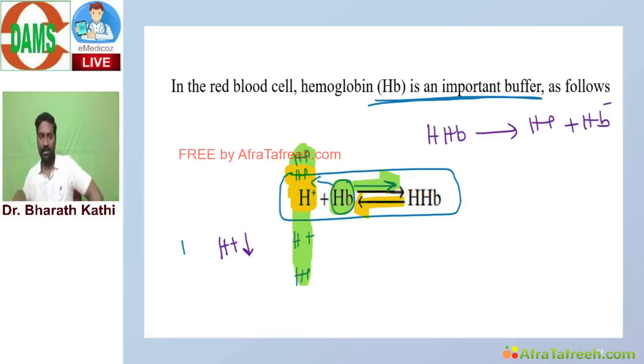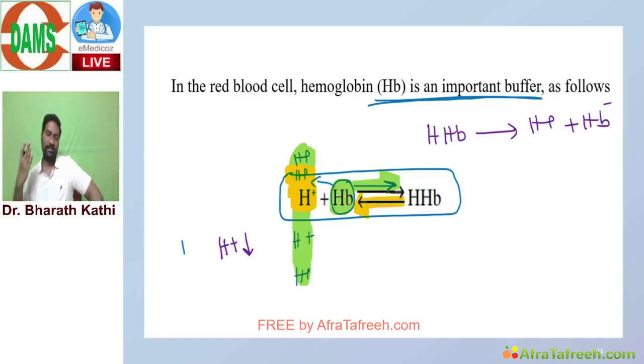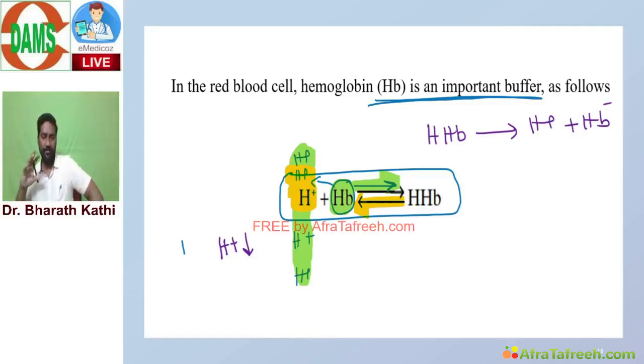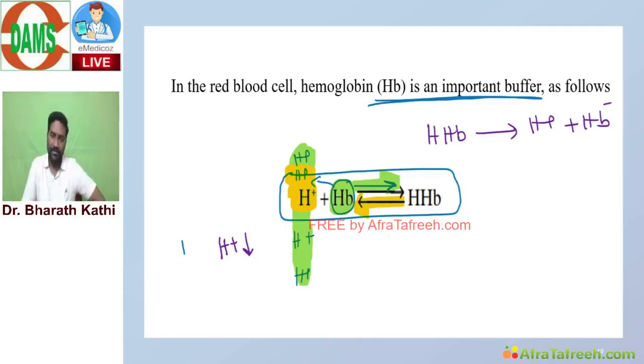It is all according to the clinical scenario of the patient. If some acid is added, H plus increases in the body, and hemoglobin binds with it. Whenever a base is added, H plus decreases in the body, and H plus is released into circulation from the hemoglobin and HHB complex. This is important.